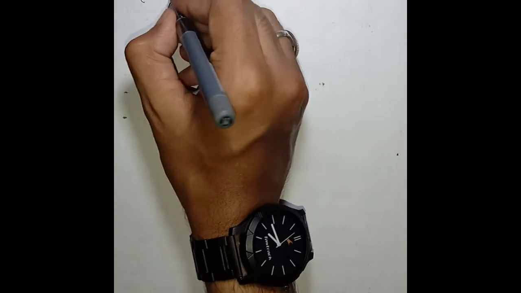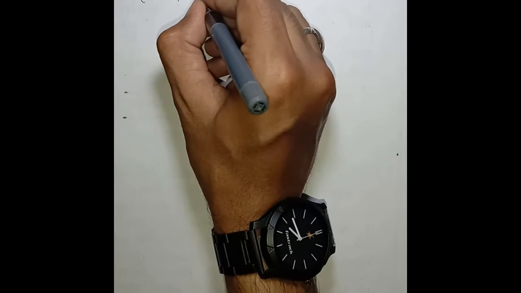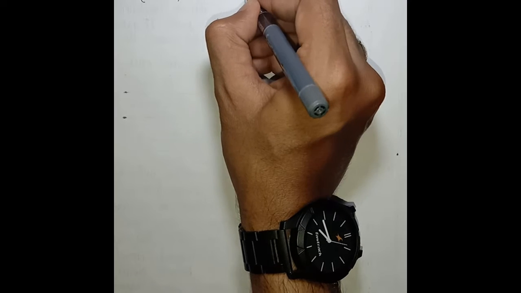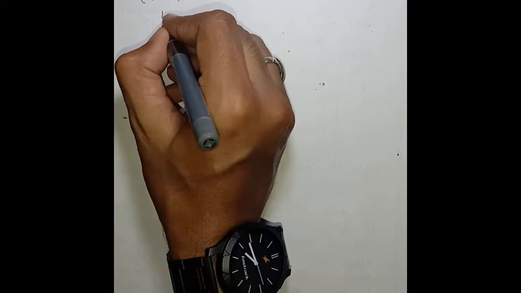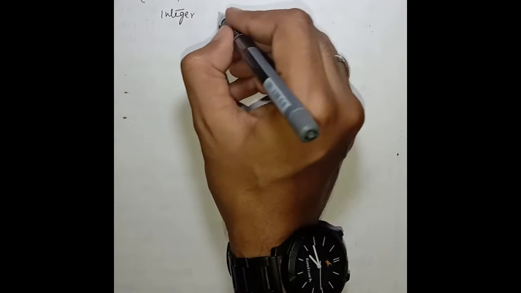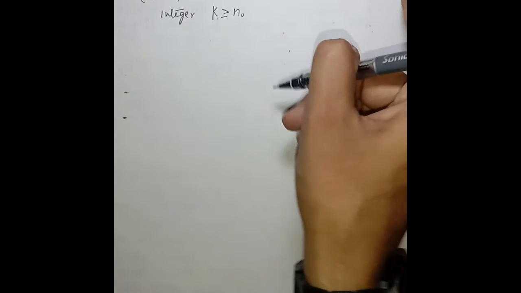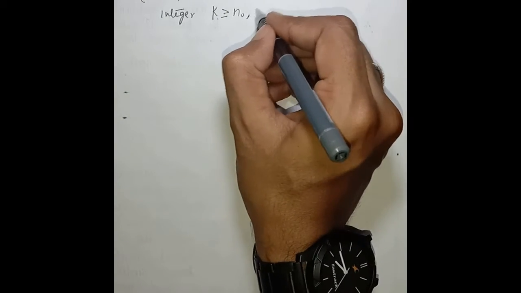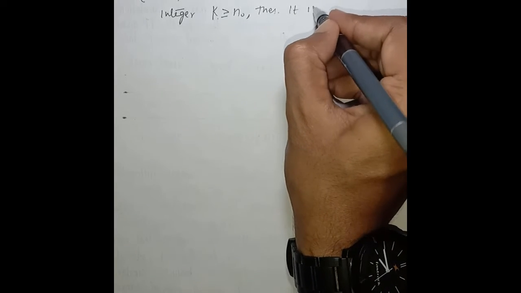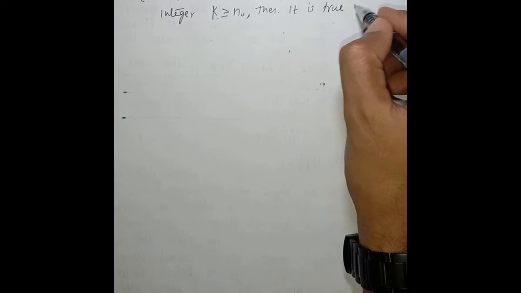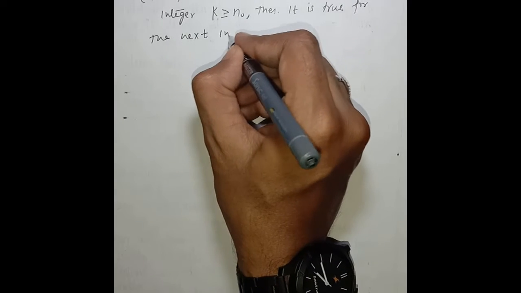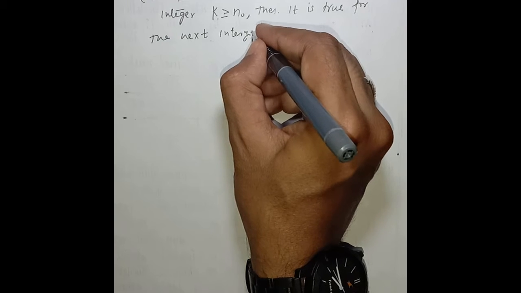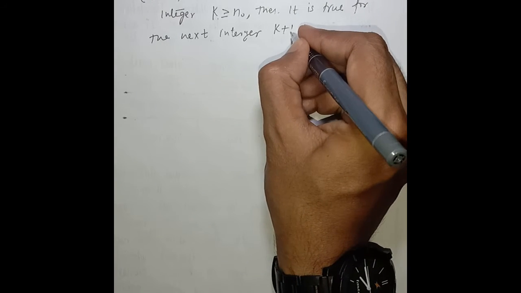Number 2, if the statement P(n) is true for some particular integer k which is greater than or equal to n naught, then it is true for the next integer k plus 1.